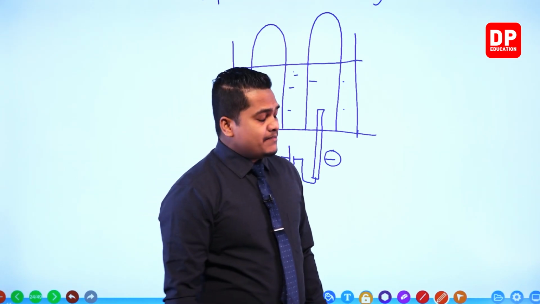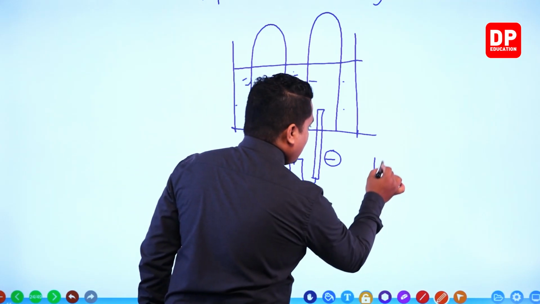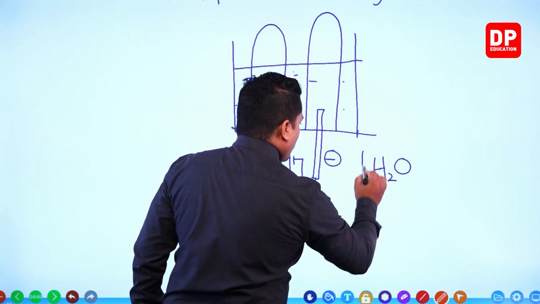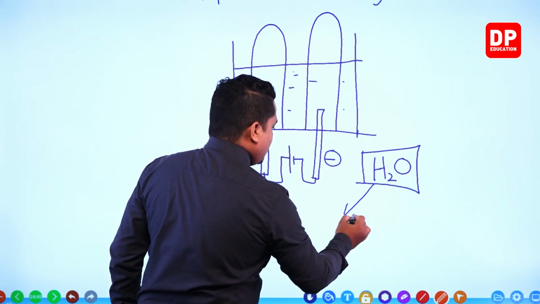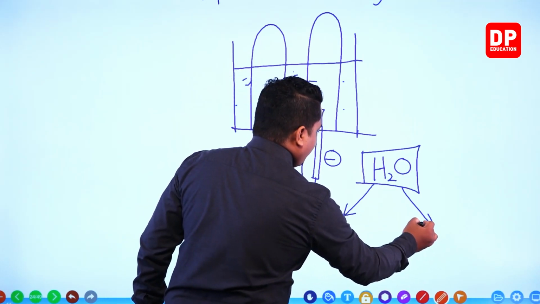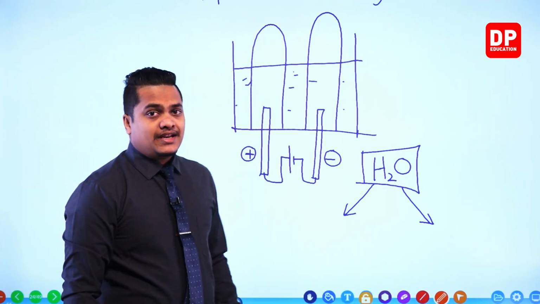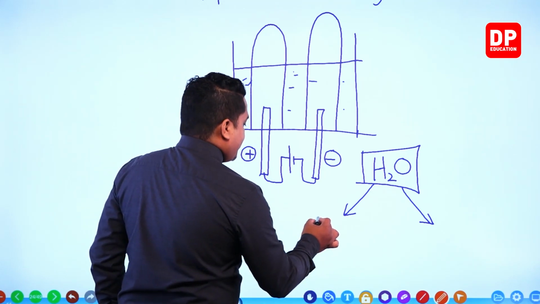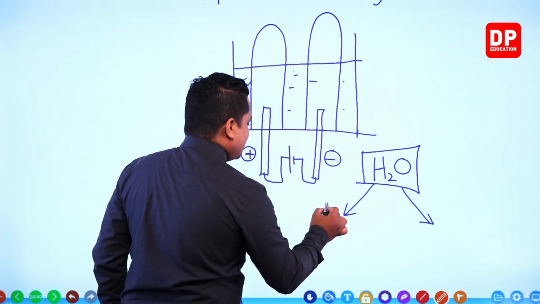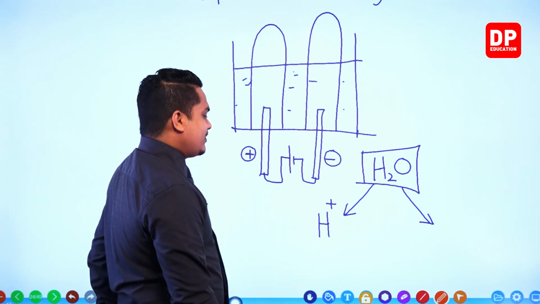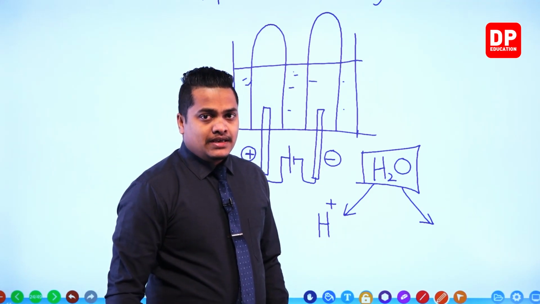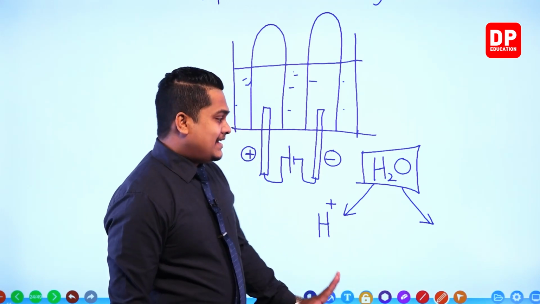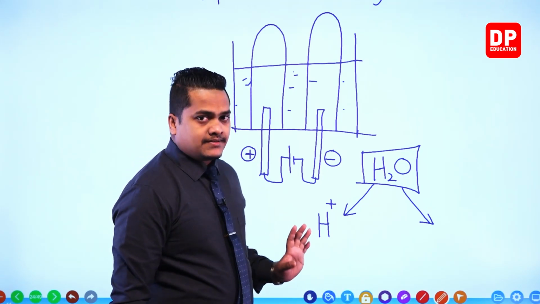Mobile ions means that when you add substances like acids or bases, water is getting converted into two different ions. One is a hydrogen particle which is getting separated as hydrogen plus.